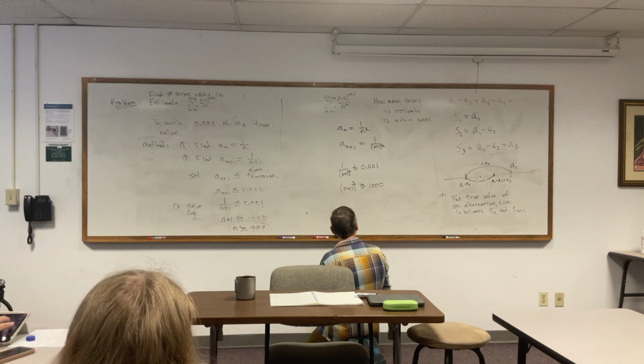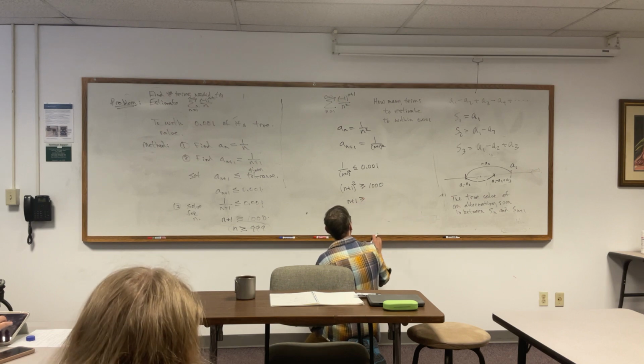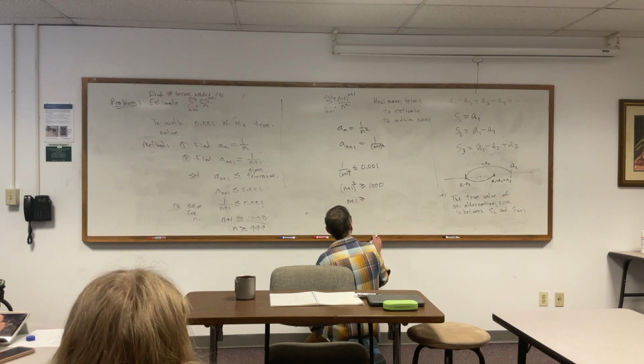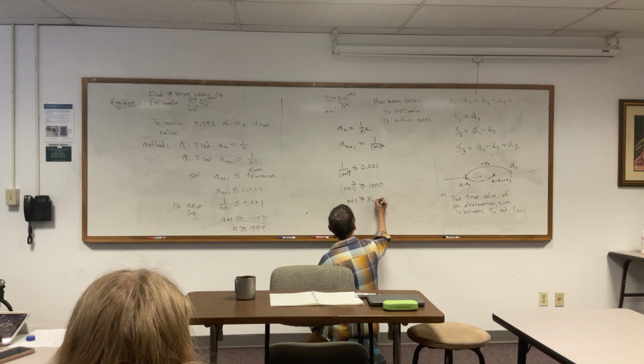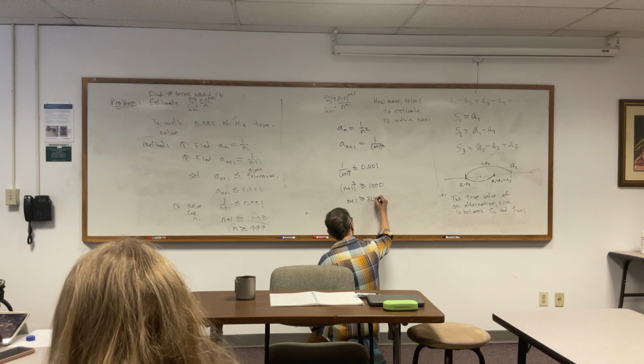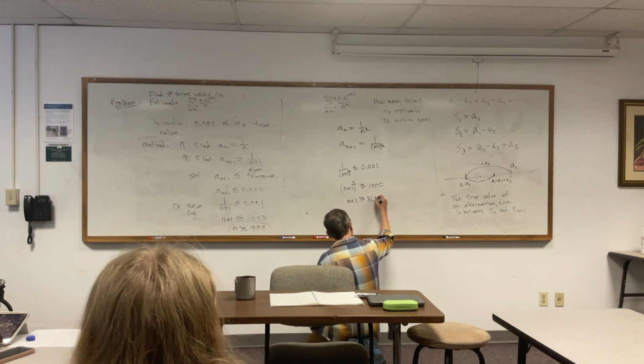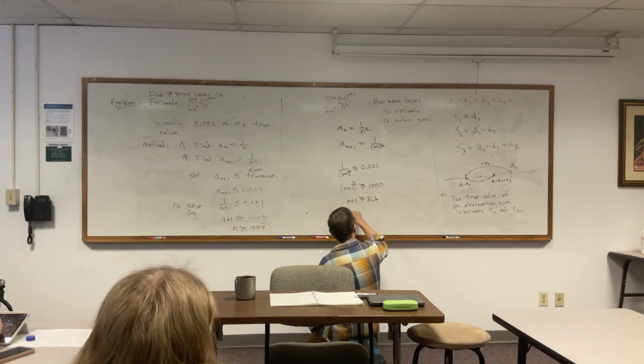Square root. What's the square root of that? Like 30? I don't know. Like 31 point something. Yeah, that sounds right. 31.7? Something. It doesn't even matter really, but I kind of want to. 31.62. Yeah. Subtract 1.